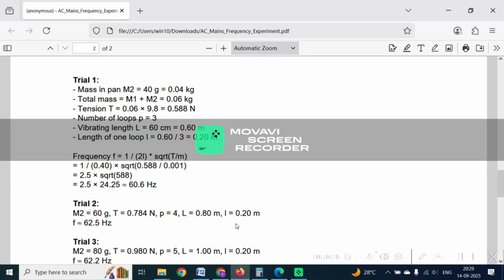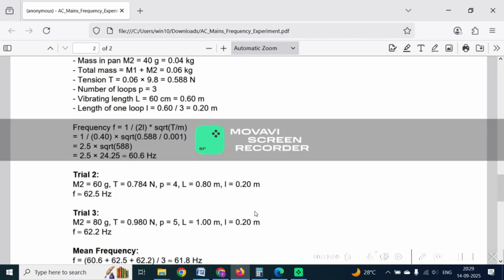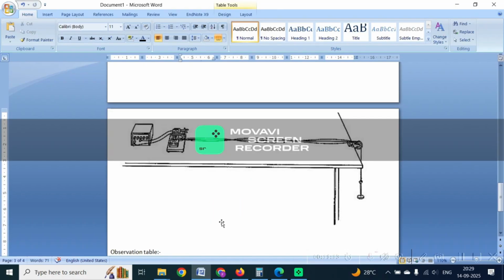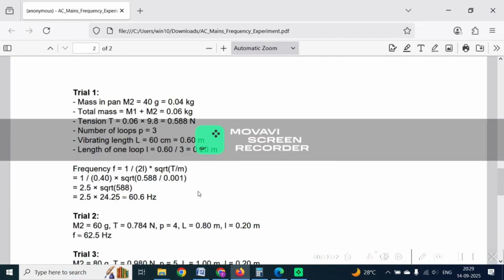Now, how do you put these values in the observation table? Let me tell you. Here it is, our observation table. In the first trial, we put the mass. How much mass? M2. We have to put M2 here.